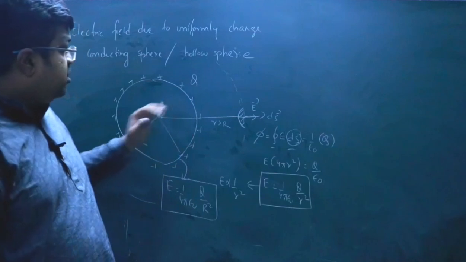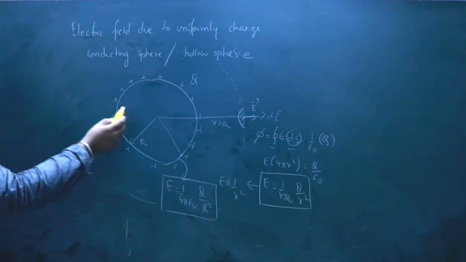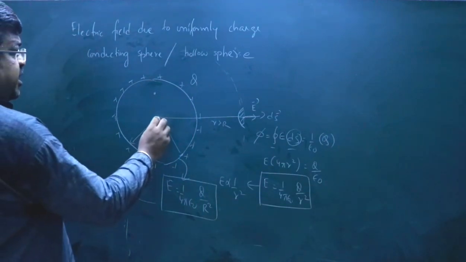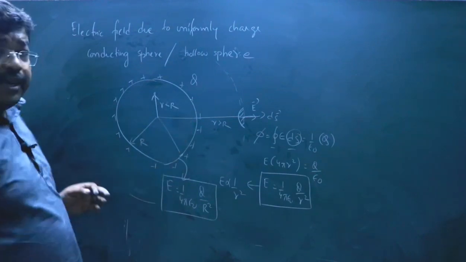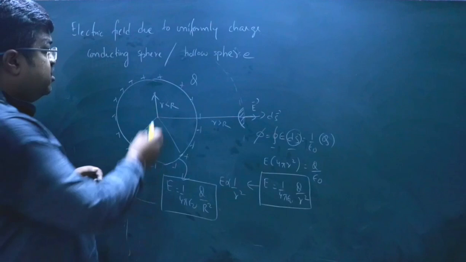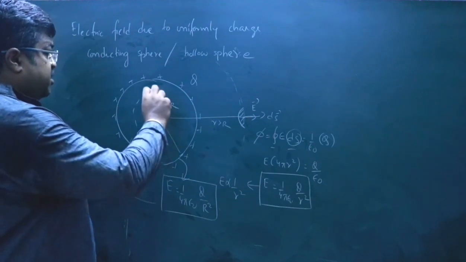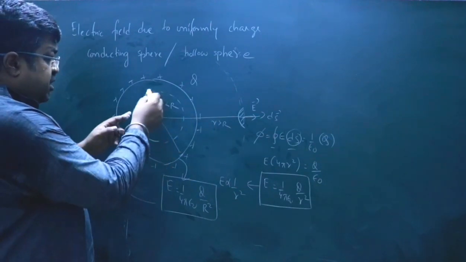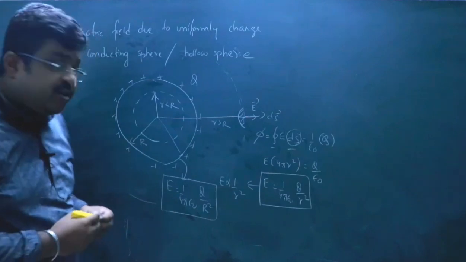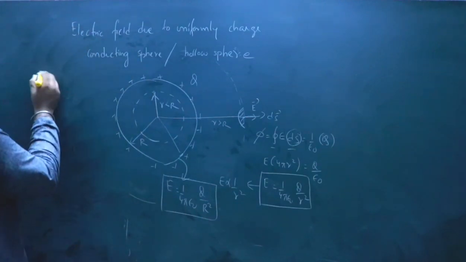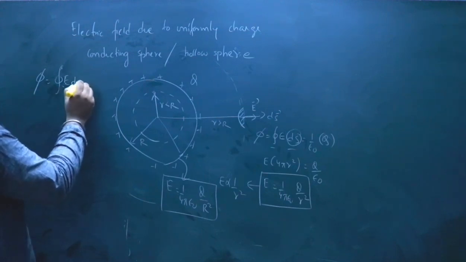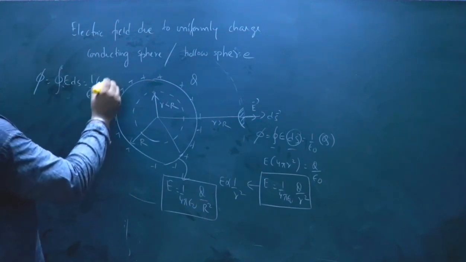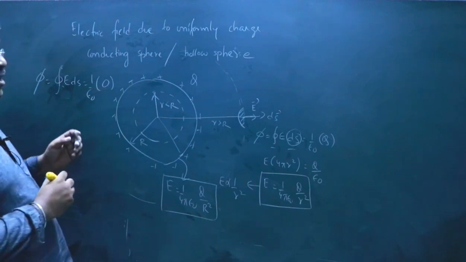Now how about the inside? Suppose this is the point inside and this is at distance small r, which is less than capital R. That means you are inside. Now if I draw a Gaussian surface, inside this Gaussian surface there is no charge. So phi is equal to the integral of E ds, equal to 1 by epsilon naught times the enclosed charge, which in this case is 0.